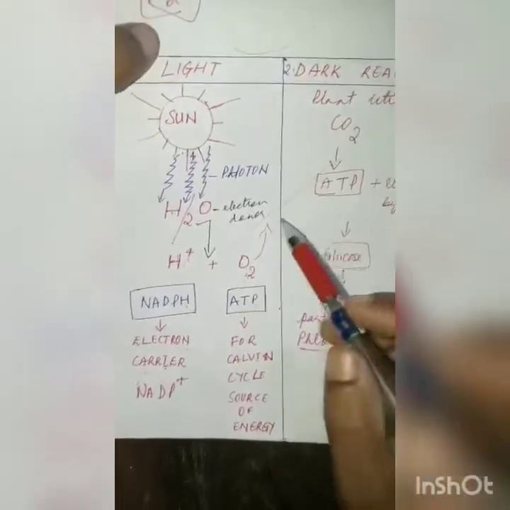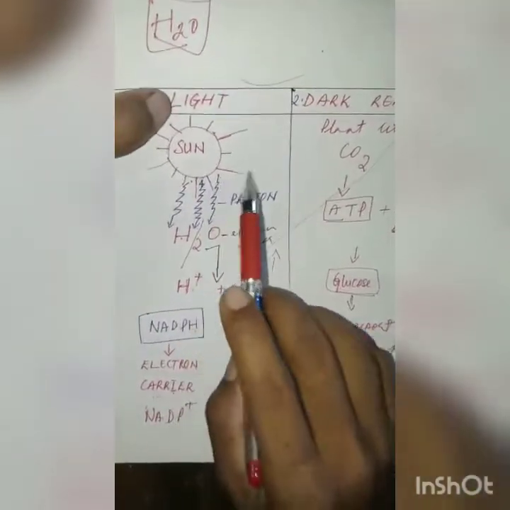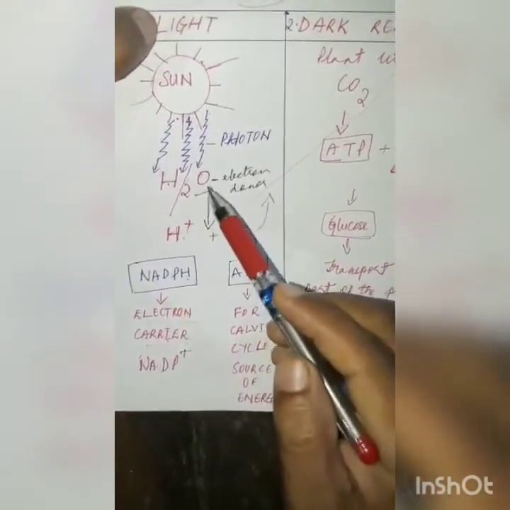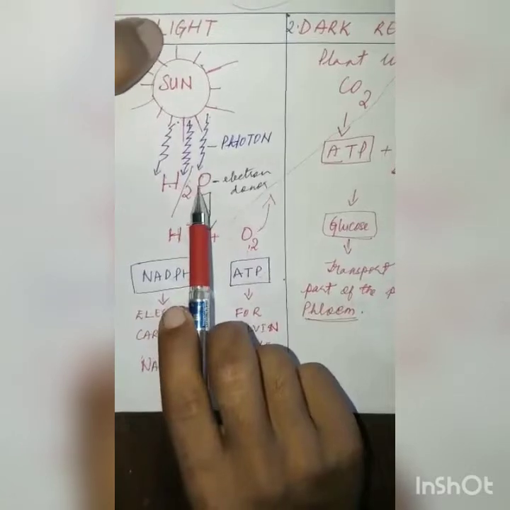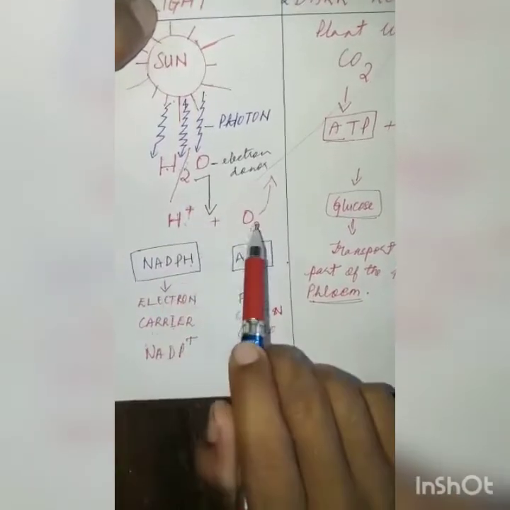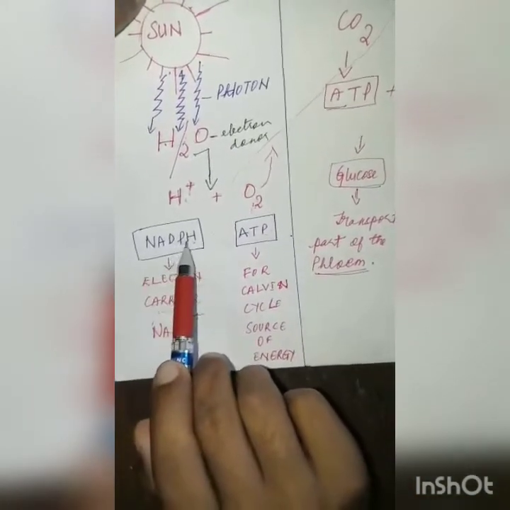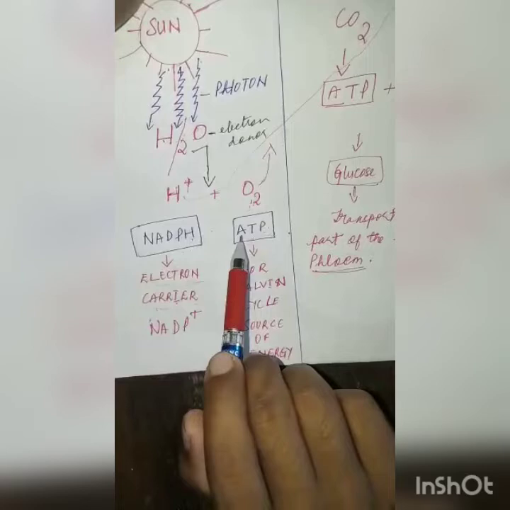You only need to know what is going on in the first reaction, the light reaction. It is just the hydrolysis, or the breaking down of the water molecule, into H plus and O2. Then it gives out NADPH and ATP.